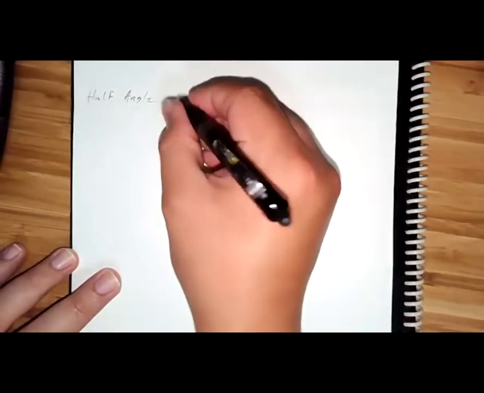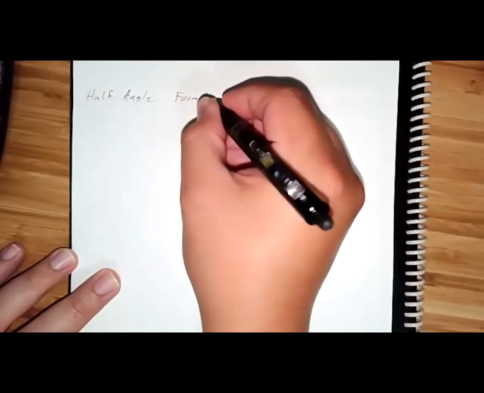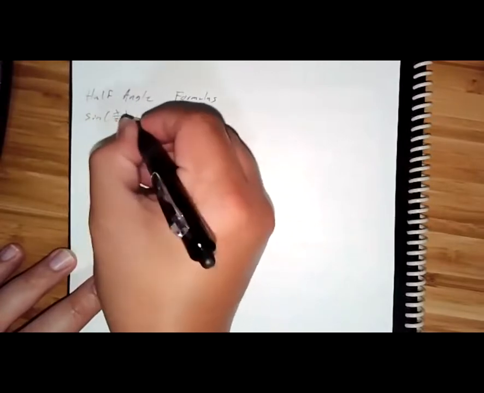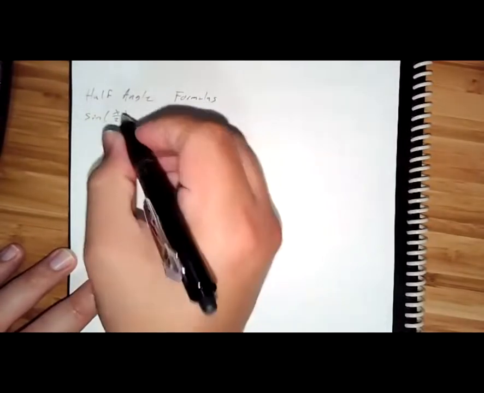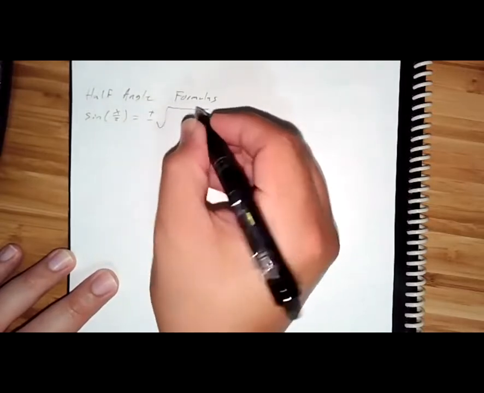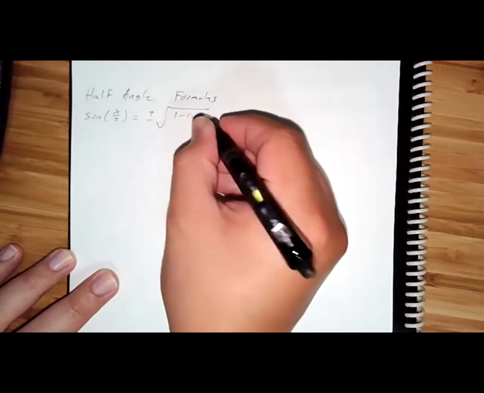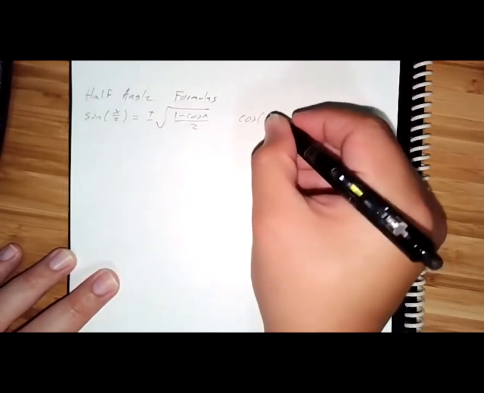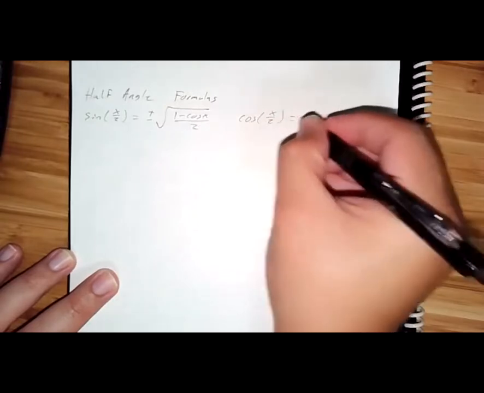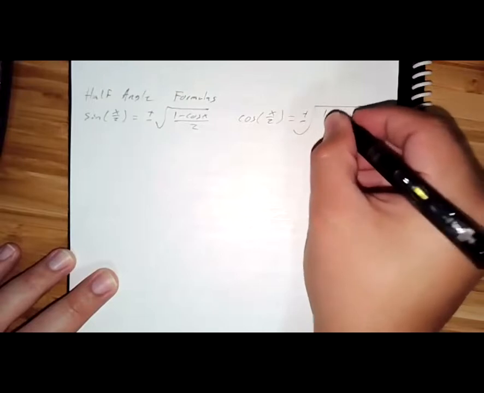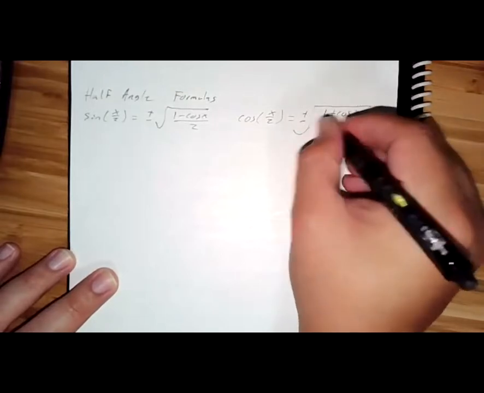Half angle formulas are the last for this section. For real this time. So sine x over 2 is equal to plus or minus the square root of 1 minus cosine x over 2. Cosine of x over 2 is equal to plus or minus the square root of 1 plus cosine x over 2.